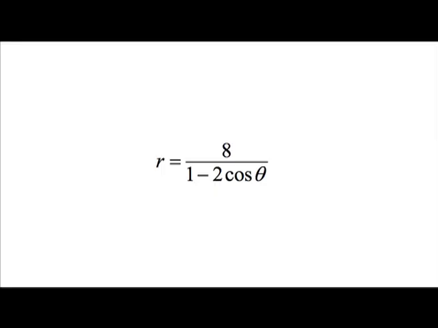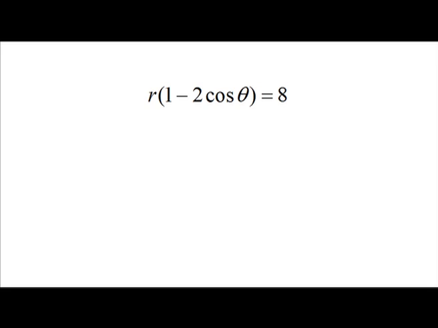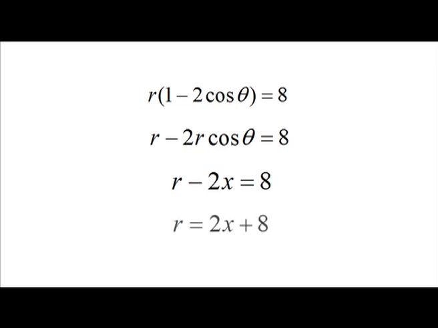As another example, we find the Cartesian equation of the polar equation r = 8/(1 − 2 cos θ). Cross multiplying, the given equation gives r (1 − 2 cos θ) = 8. That is, r − 2r cos θ = 8, that is, r − 2x = 8, which gives r = 2x + 8.